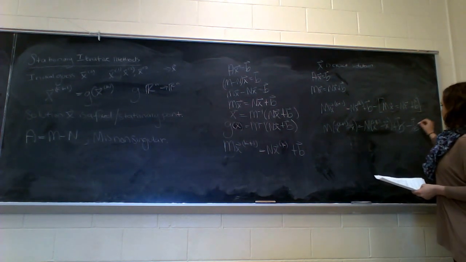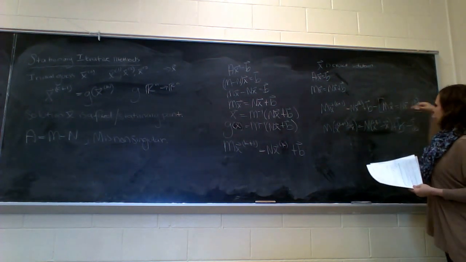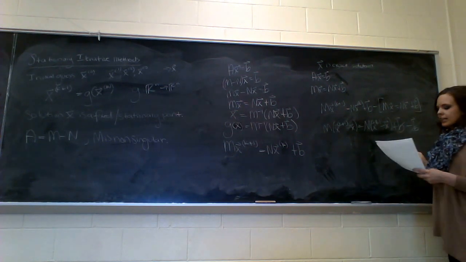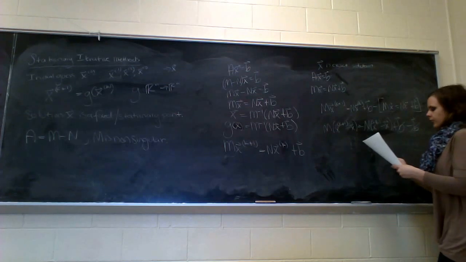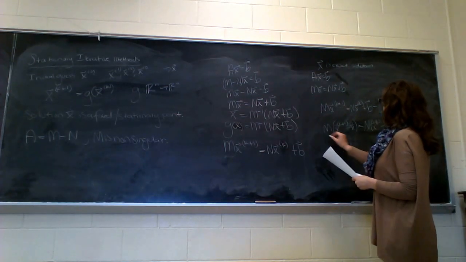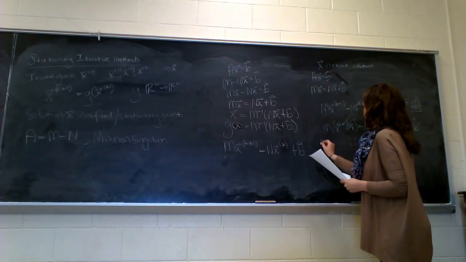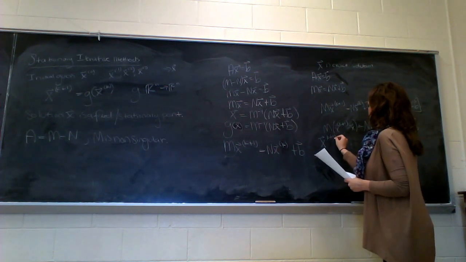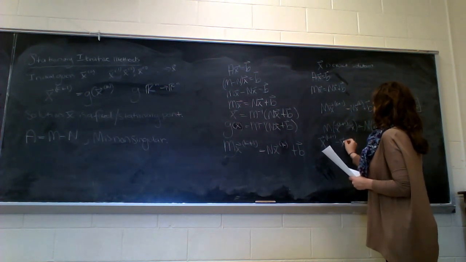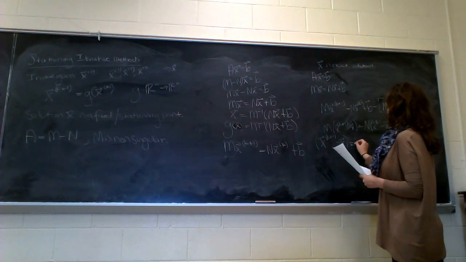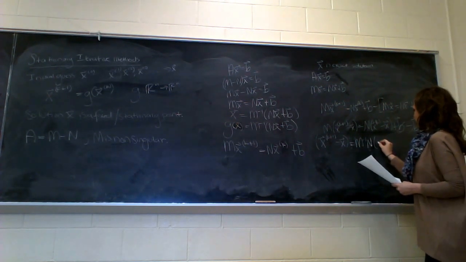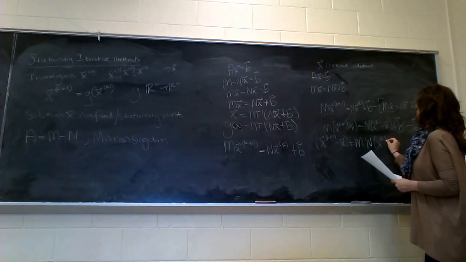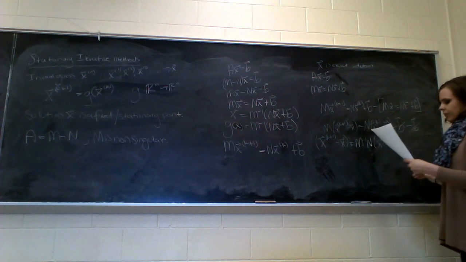So when I simplify this, my b's cancel. So keep in mind that this is with the exact solution. And then I'm going to invert M, move it to the other side. So I have x_{k+1} minus x equal to M inverse N (x_k minus x).